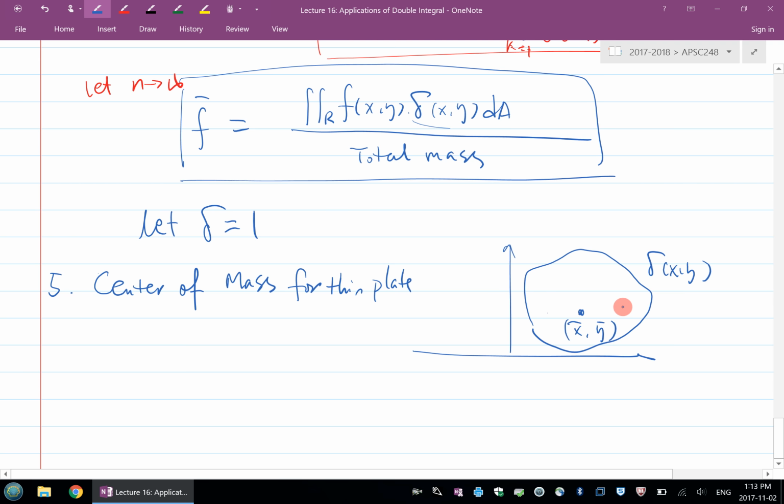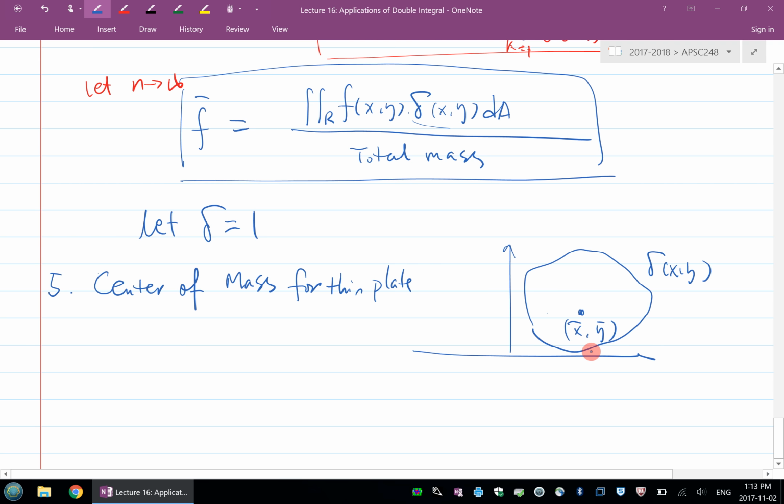So the x bar, y bar actually represents the weighted average in the x direction and the weighted average in the y direction, when you incorporate the mass concept into this consideration.